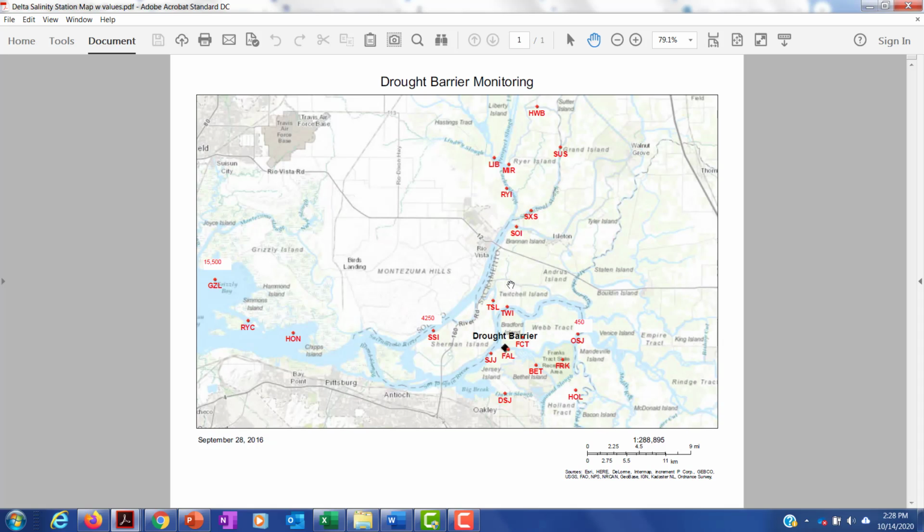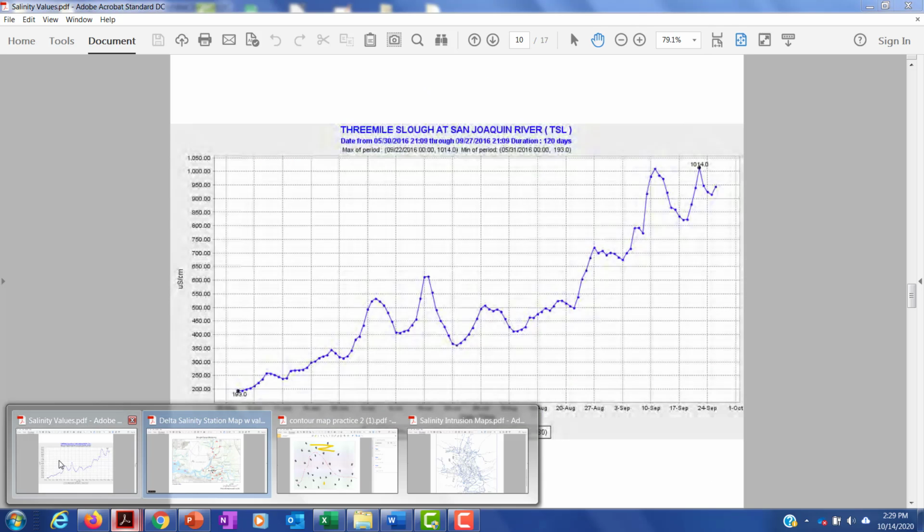And so the goal here is, for September 24th, 2016, what was the salinity of the water at these stations? Step 1 is to plot that. And then step 2 is to contour the 1,000 conductivity contour line.